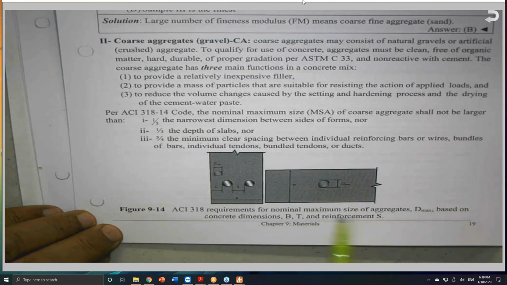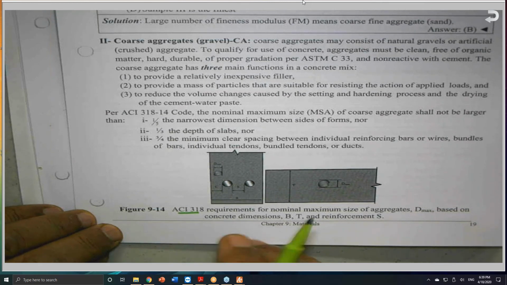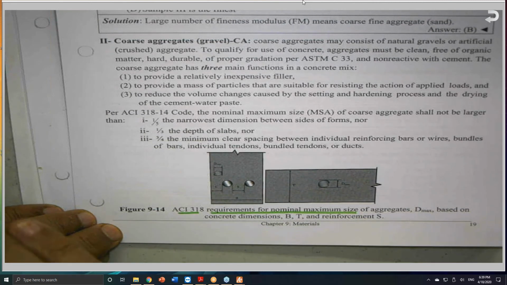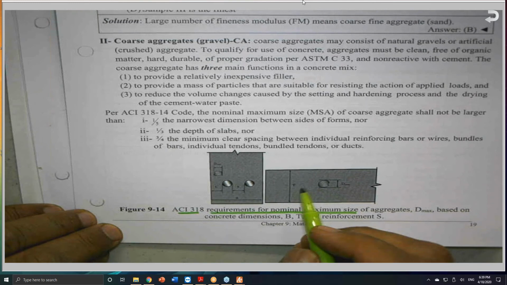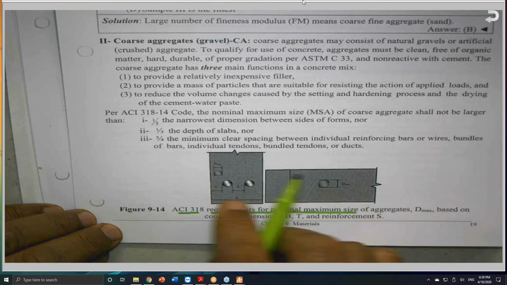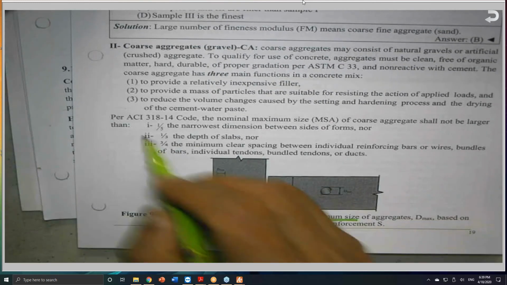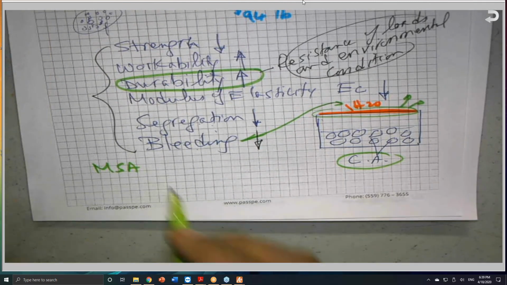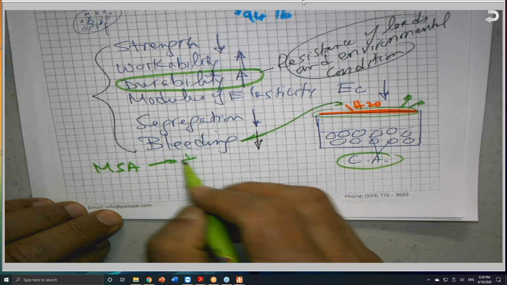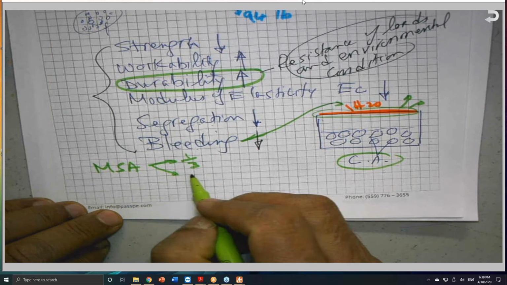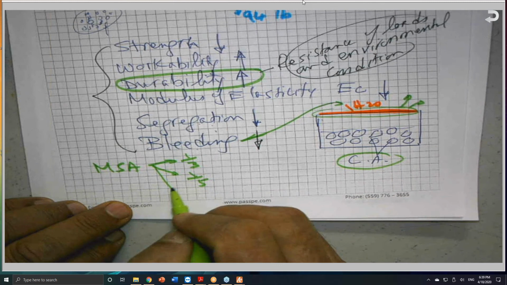A picture for the requirements of the maximum size of the aggregate. Let me draw it, because probably the picture is not very clear, but I need you to remember the 1/3, 1/5, and the 3/4.